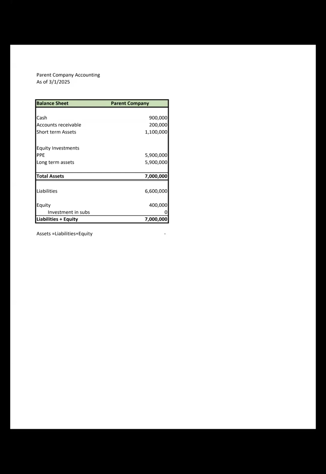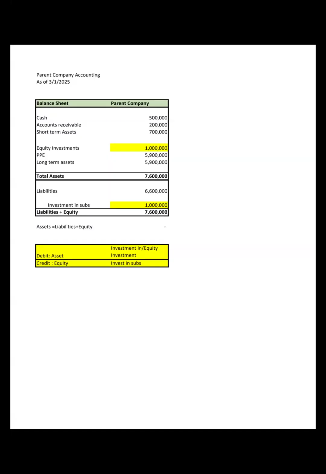When we get to consolidation, I'll talk a little more about what else happens on the income statement or P&L, and we'll discuss that in short detail. This is just a brief video to get you familiar with parent company accounting. This is what the balance sheet would look like prior to your entries. Pretty straightforward: you have your assets, your liabilities, and your equity.